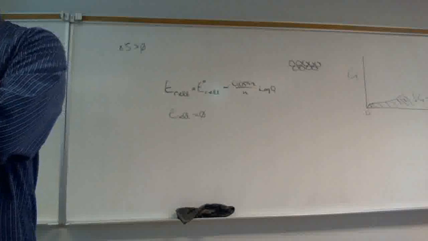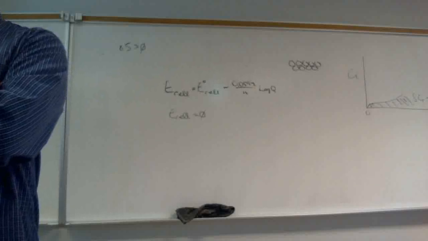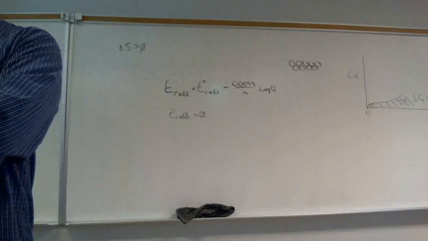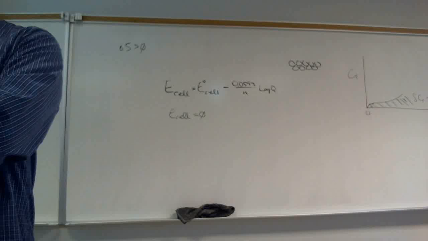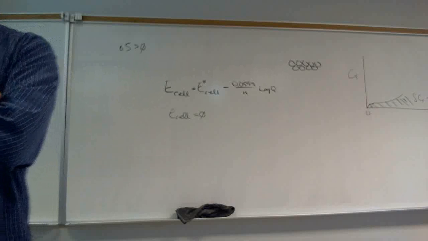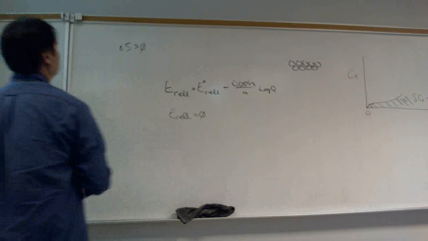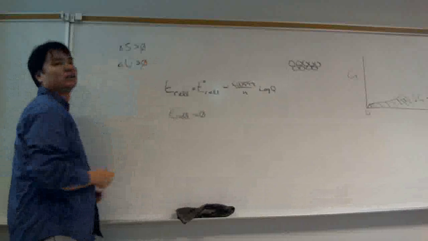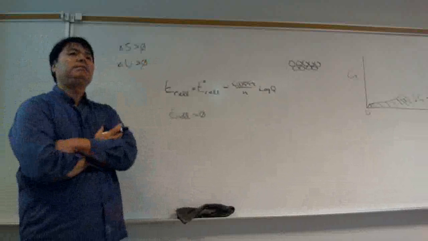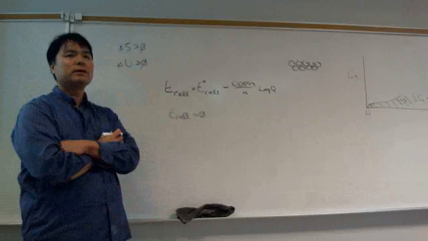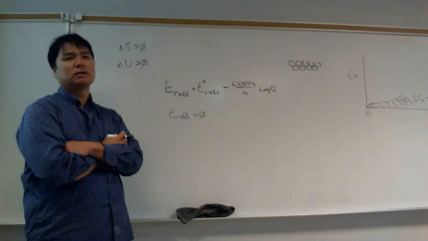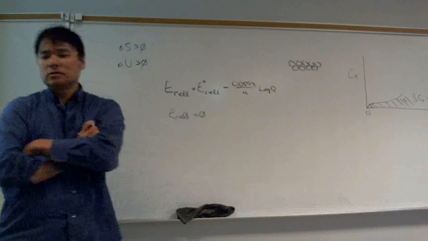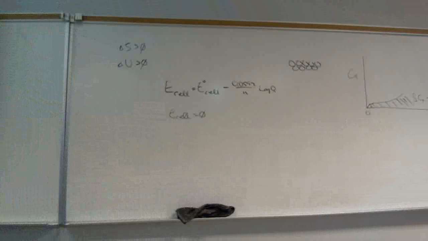Delta U greater than 0 is an increase in internal energy, and that causes an increase in entropy. Why would an increase in internal energy cause an increase in entropy? More disordered. Why would it be necessarily more disordered?